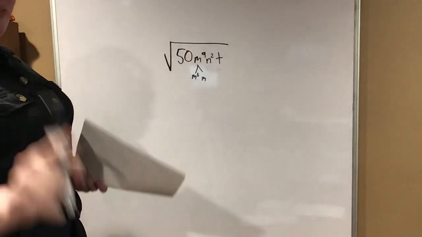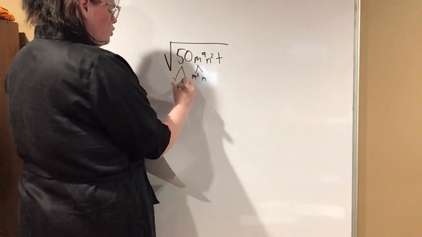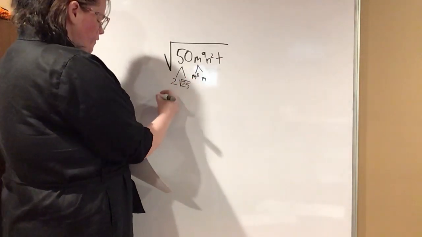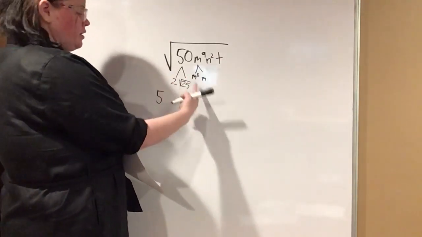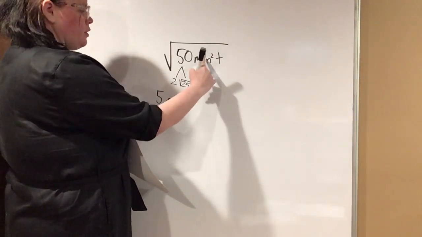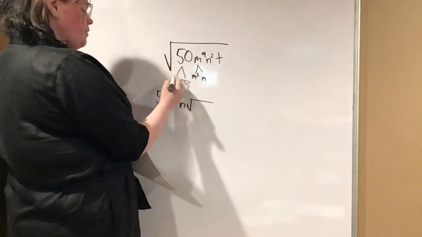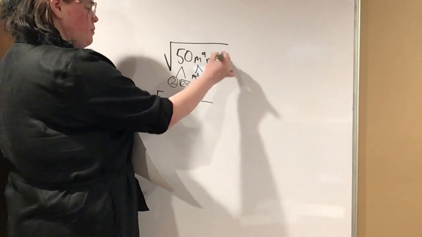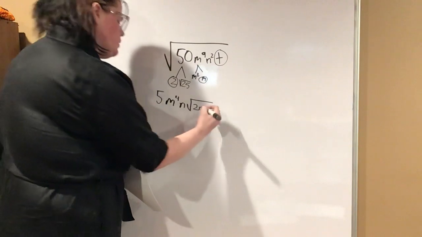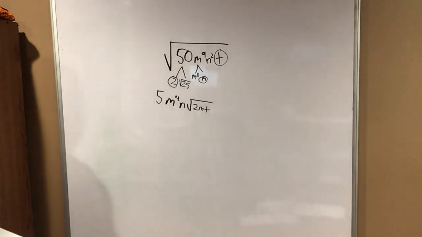But we do have to split the 50. And 50 can be split into 2 and 25, because 2 is a prime number. So we're taking the square root of 25, which is 5. m to the 8th cut in half is m to the 4th. n squared cut in half is n. And what we're left with underneath our radical is a 2, an m, and a t. And we've simplified that. Cool?